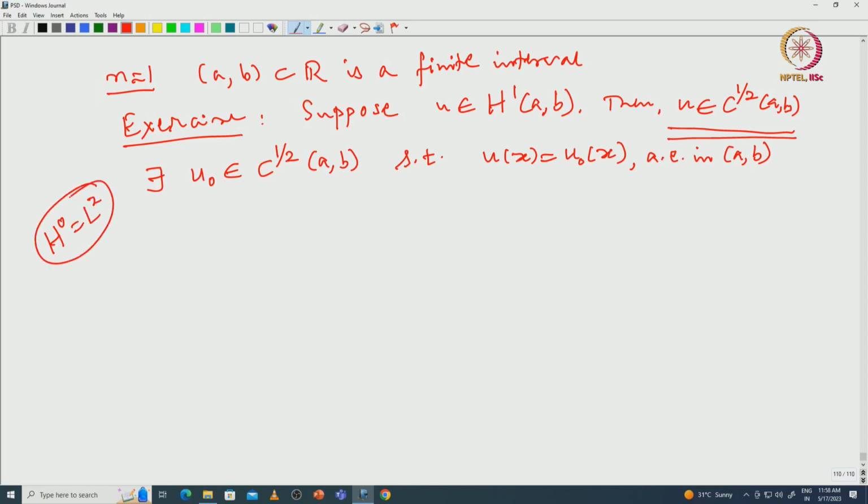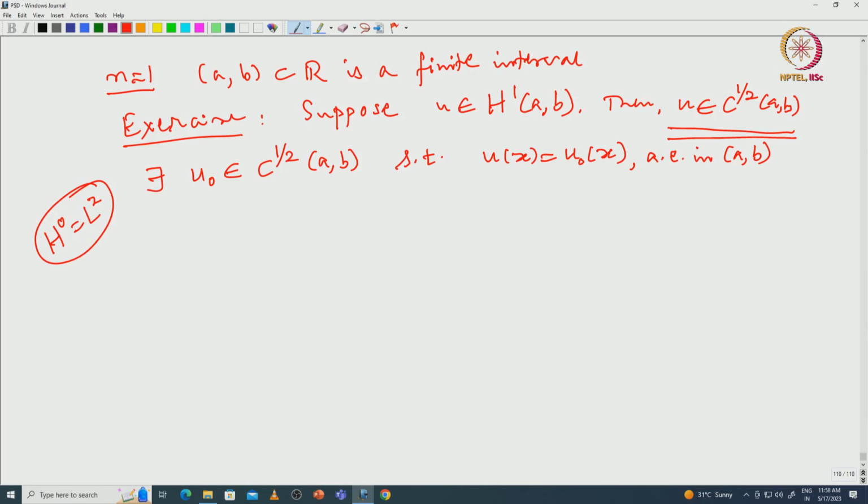If I take just an L2 function, it need not even be continuous, for example the Heaviside function. But if you give a little regularity, even a weak derivative in L2 gives us a C half function.